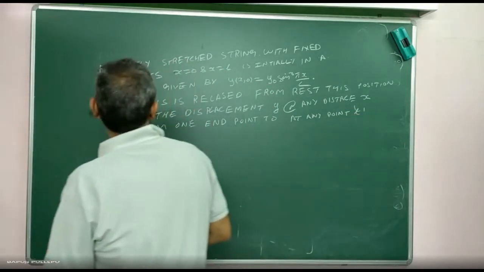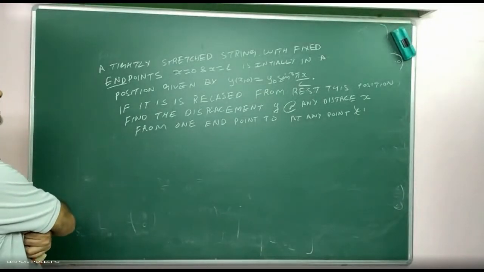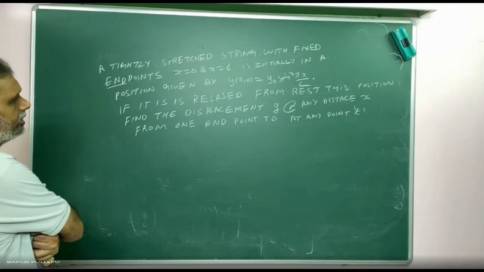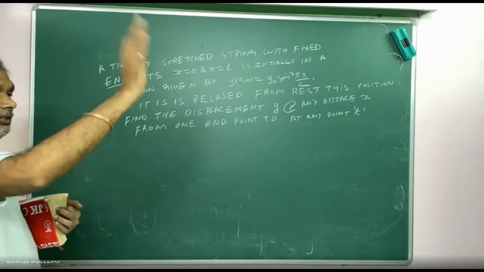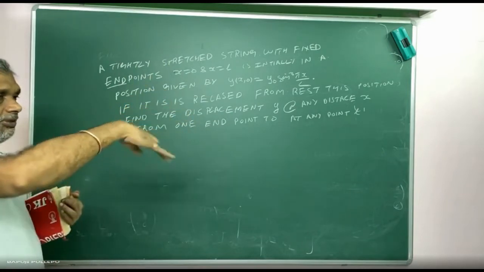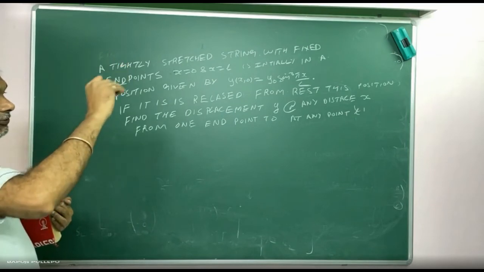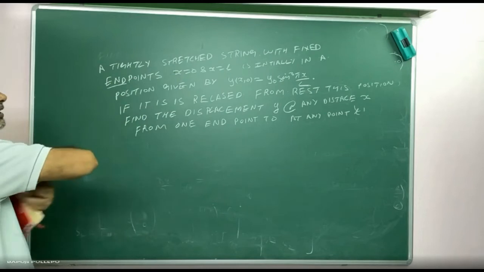See, again I am reading. A tightly stretched string with fixed endpoints x is equal to 0 and x is equal to L is initially in a position given by y of x. So initially some position is there, some displacement is there. While tightening, the displacement will be there, that is the initial displacement at t is equal to 0.